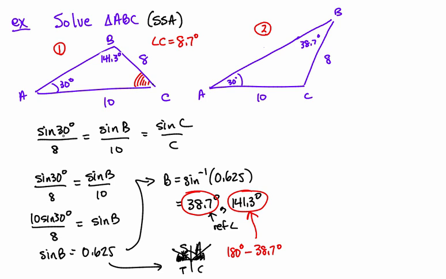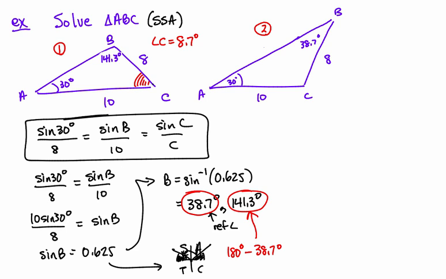And then I can use the sine law to calculate the missing side C, using sine 30 degrees over 8 and sine 8.7 degrees over C, cross multiplying, and getting C times sine 30 is 8 times sine 8.7.